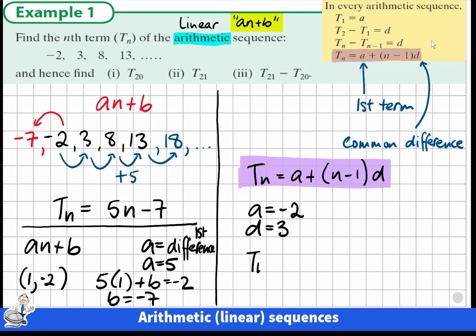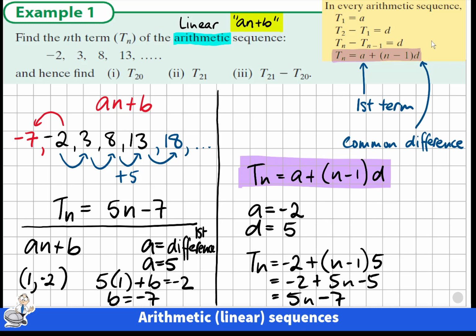Therefore, term N must be -2 plus N minus 1 times 3. Multiply that out and you get -2 plus 3N minus 3. Oh, sorry, my common difference is not 3. Sorry, common difference is 5. I'm talking nonsense here. This is -2 plus 5N minus 5, which is equal to 5N minus 7.